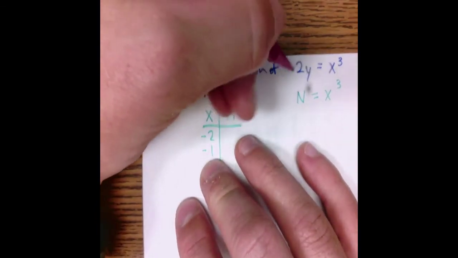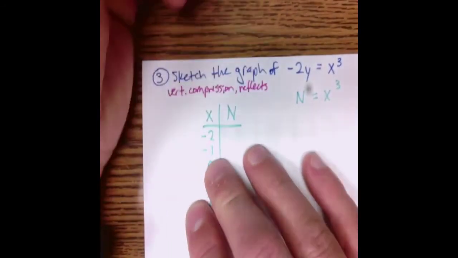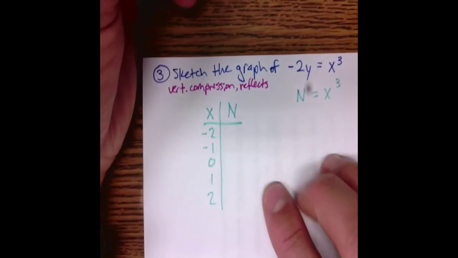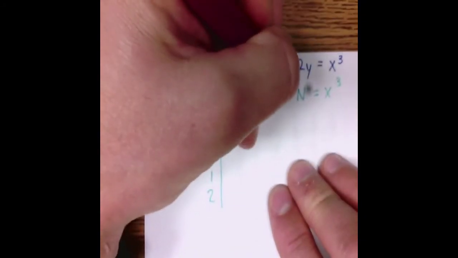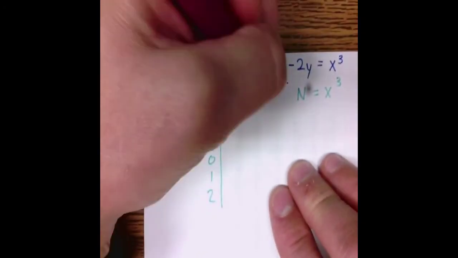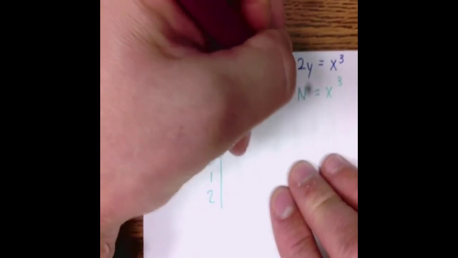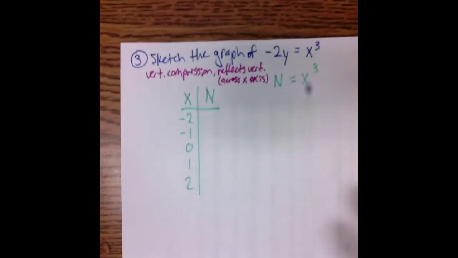But then this negative actually reflects. And you've kind of already gotten that feeling prior to this lesson, but it reflects it, and we're going to say it reflects it vertically, but what we really mean by vertical reflection is across the x-axis.